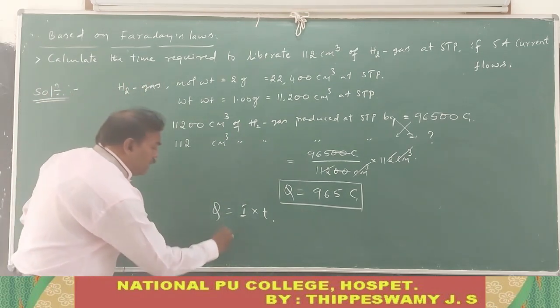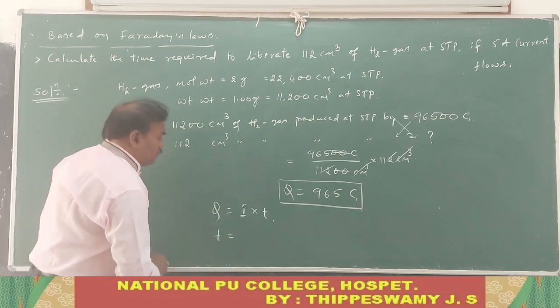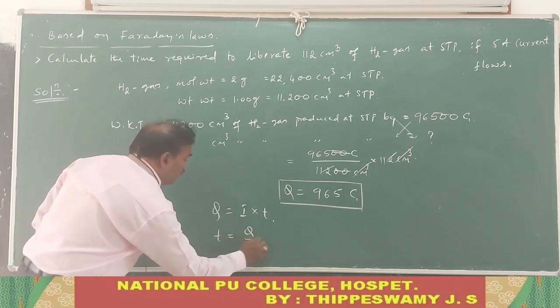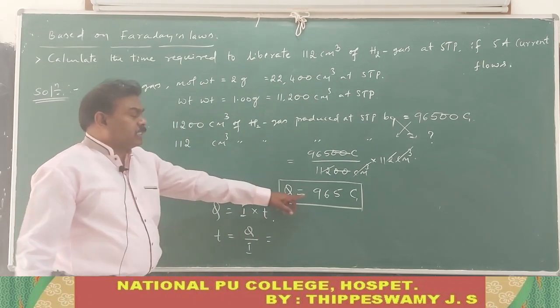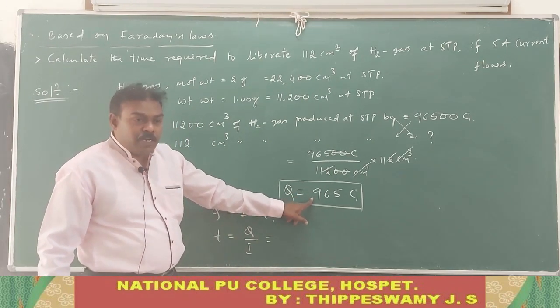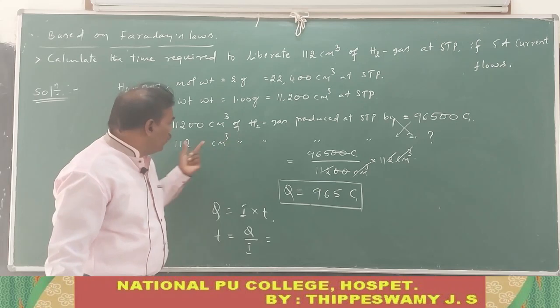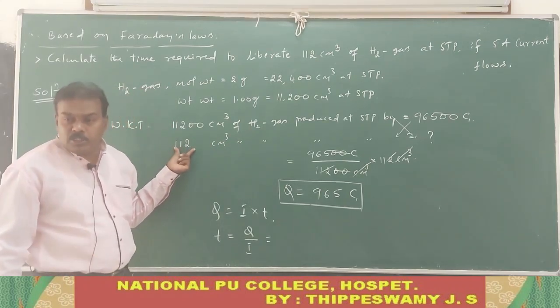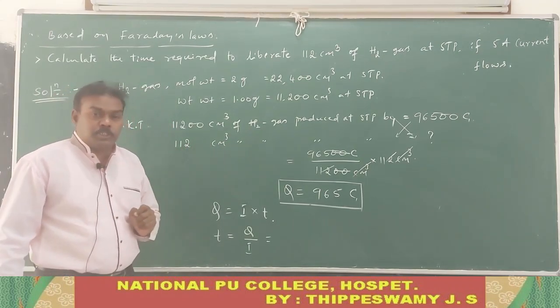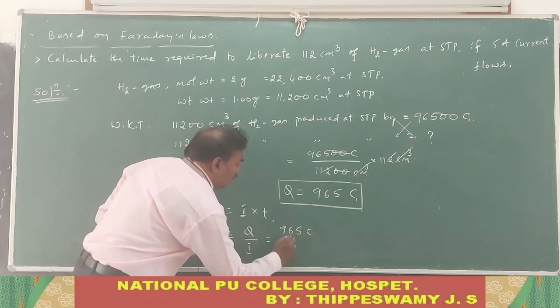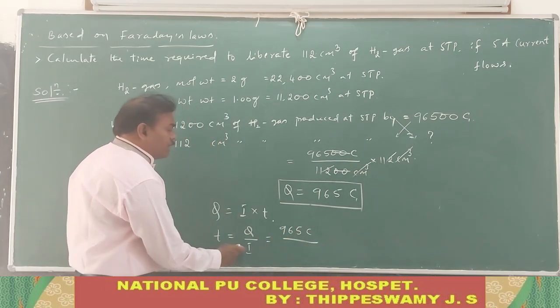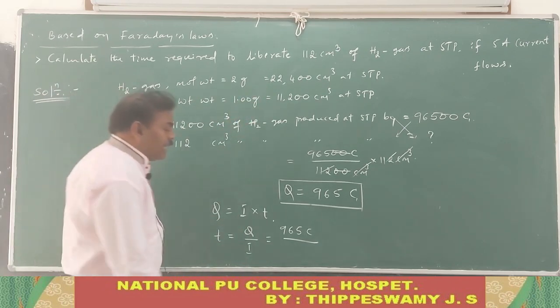Now we alter the formula like this: T is equal to Q divided by I. What is the value of Q? This much electricity is required to produce 112 cm cube of the hydrogen gas at STP. So we take 965 coulombs divided by the current, which is 5 amperes.